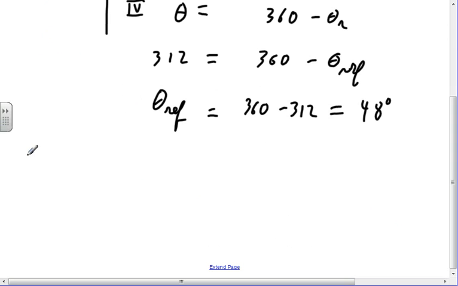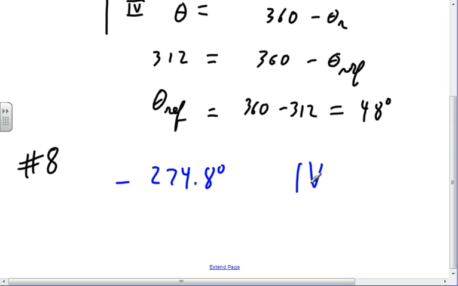Number 8. I want minus 274.8. I recognize that as a first quadrant guy, because there's 270 and I'm going to be a little bit more. So I'm just going to add 360 to that.